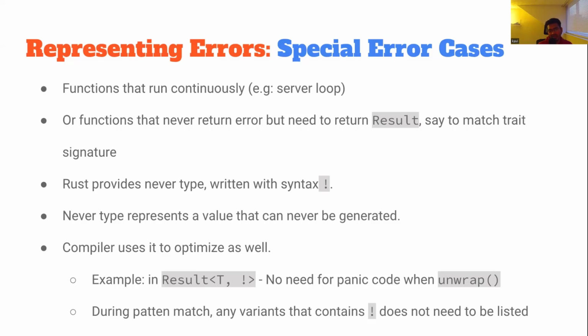Then those variants need not be handled or listed in the match handler. That's also neat. So that's why it's important to make it explicit when your API, method or function never returns an error.